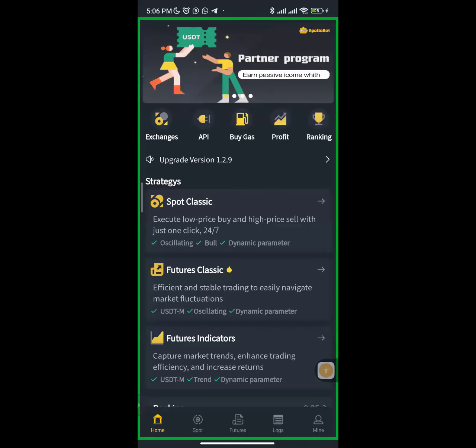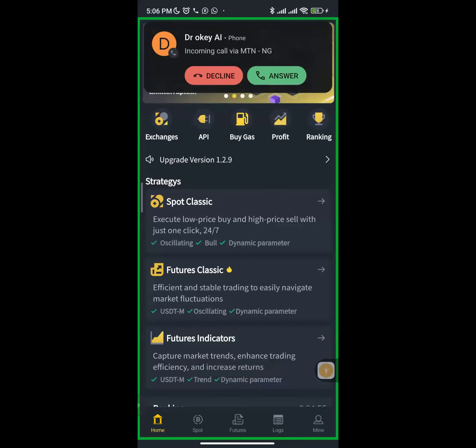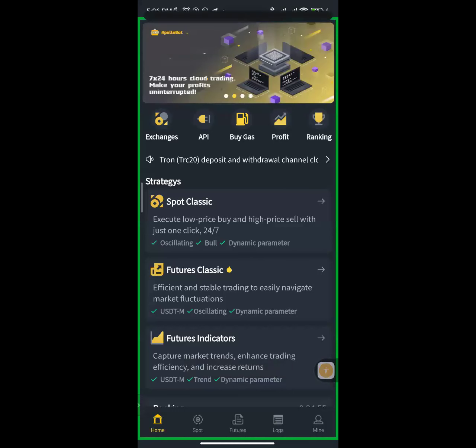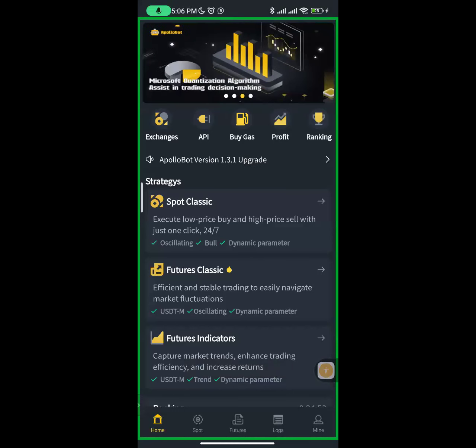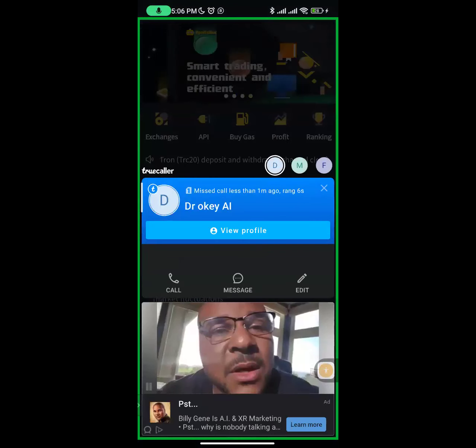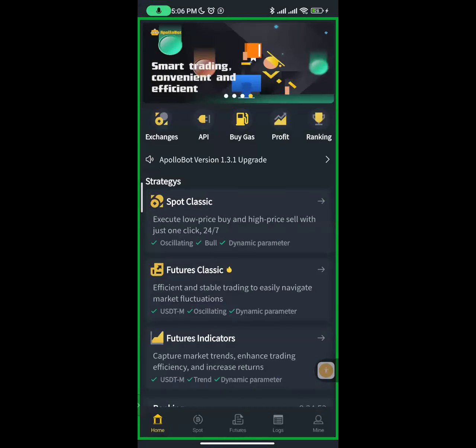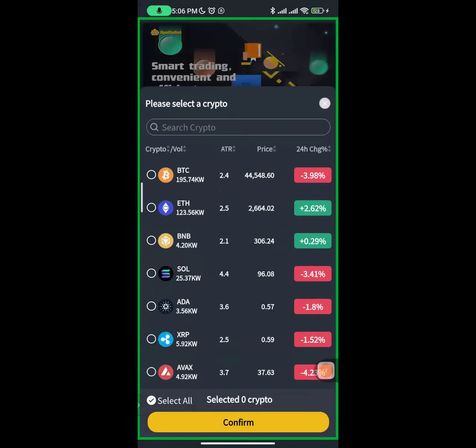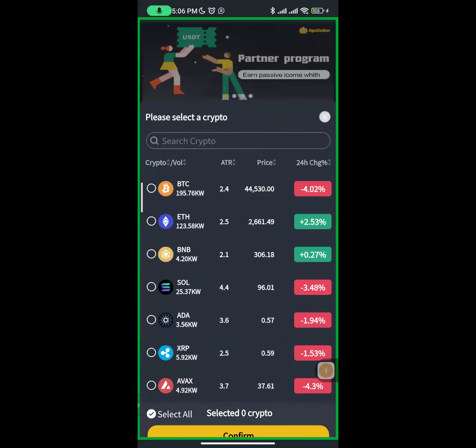It's free to use, it means you're not paying to get the bot. So it's free to use. That's number one.